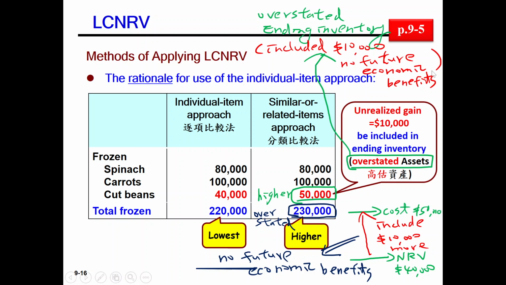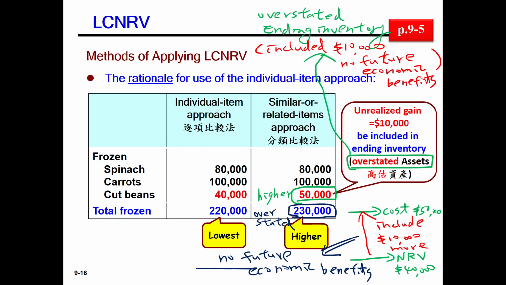Okay, so here I just show you, of course the first method is better, but when you cannot find out NRV, when you cannot find out market value, then the second method is still okay. But you have to understand what's the problem for the second method.